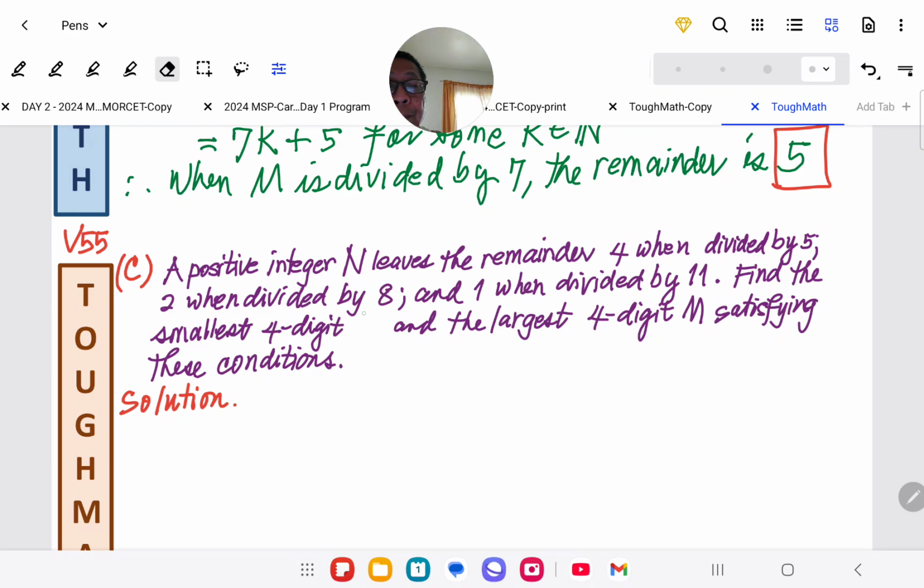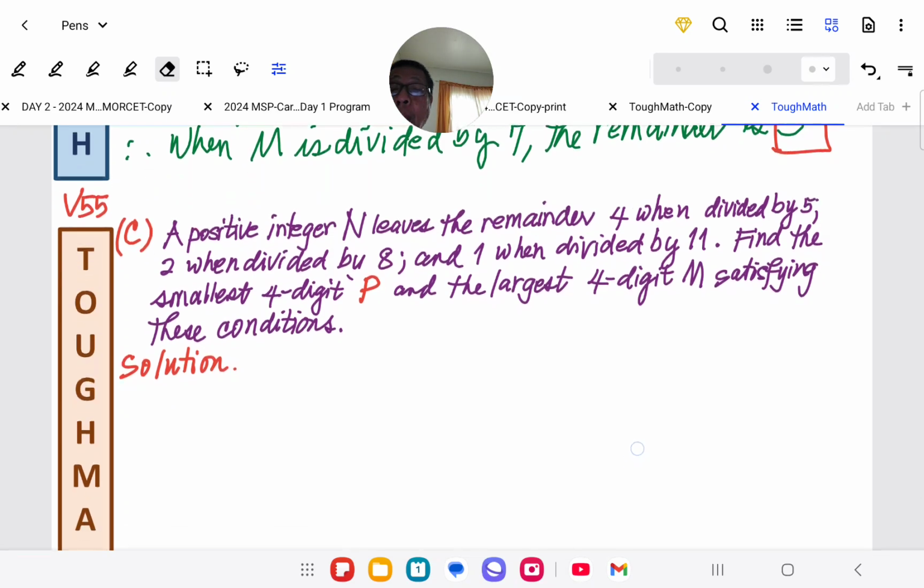Let's use P. Okay, let's use P, and then for this one, M, and the largest 4-digit M satisfying these conditions. Okay.